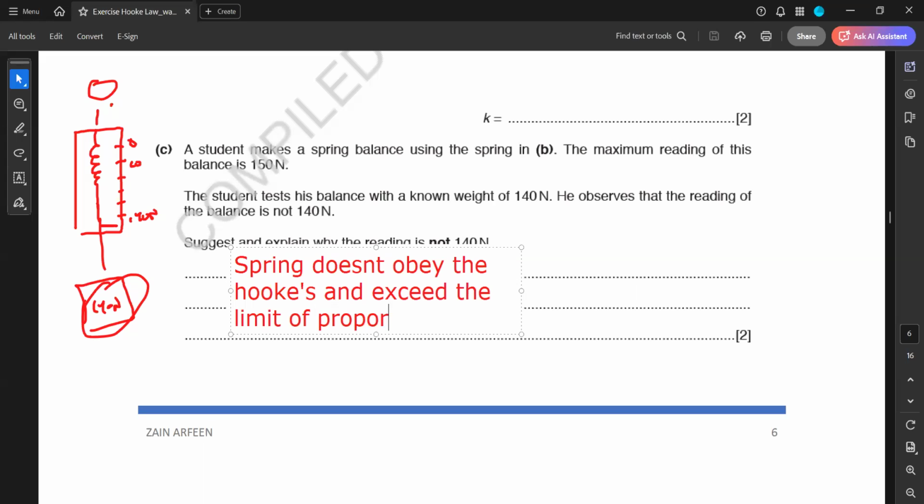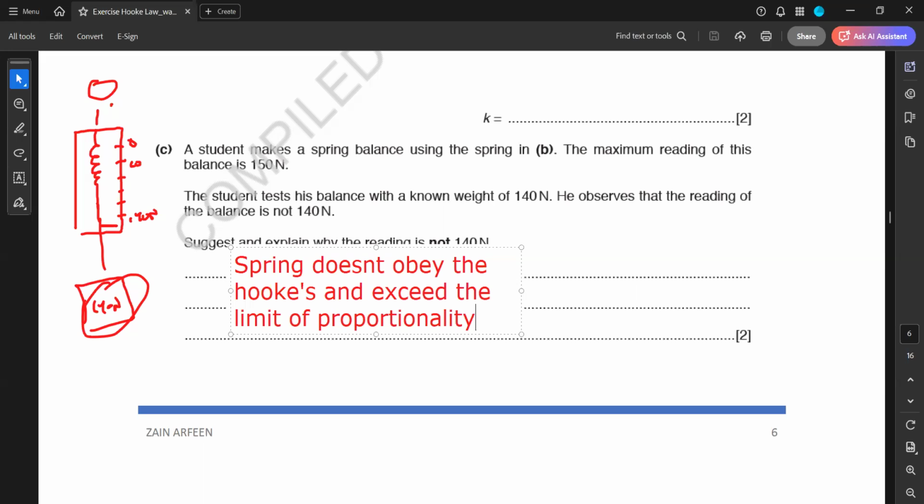Sir, can I also say that the spring may be damaged? You can use the term, but you have to state and suggest and then explain. If you mention the spring is damaged or deformed, you will only score 1 mark for that. I have written the spring may be damaged or it may not be obeying Hooke's law as the extension is not directly proportional to the stretching force.